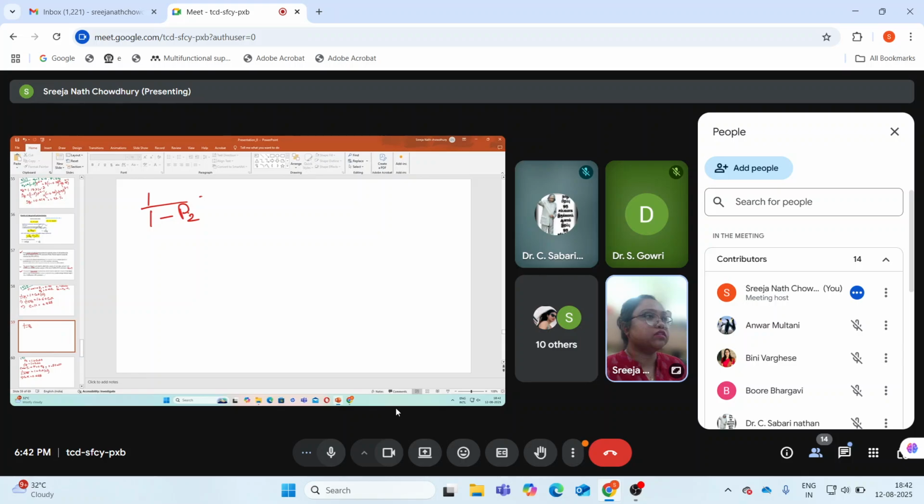Okay, so the remaining time, that is delta T, will be T2 minus T1. This is equal to 230.48 minus 60, that will give you 170.48.